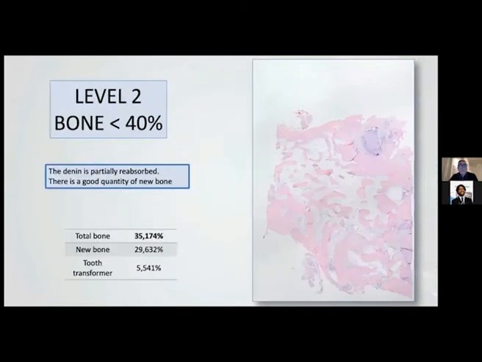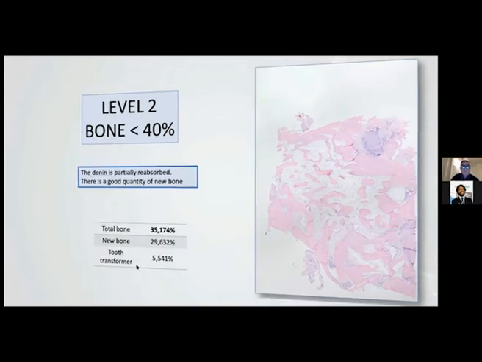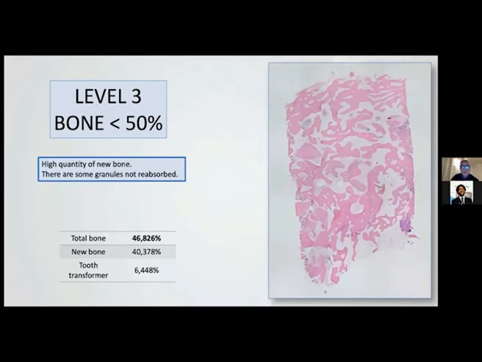Level 2: the total new bone is 35%, for example. The dentin is partially resorbed, and we have a good quality of new bone. In this image the new bone is 29%, and the tooth transformer is only 5%. Level 3 is the most common result in our hands, and remember this is 40% of the total cases of the histological analysis.